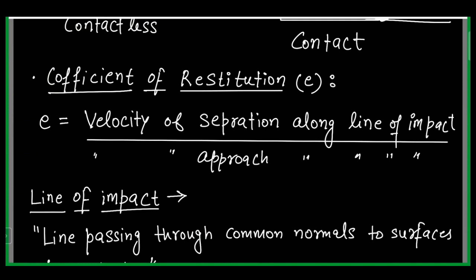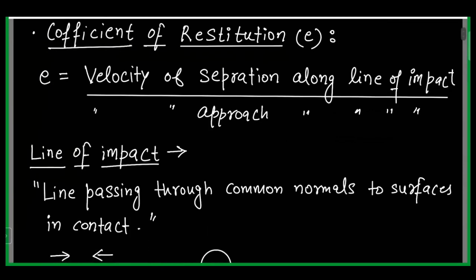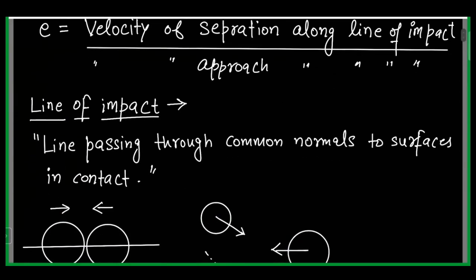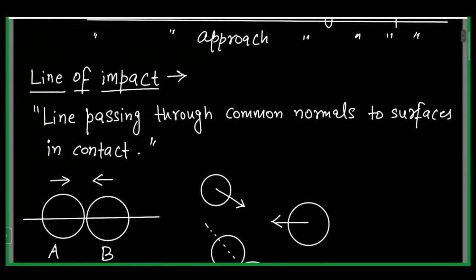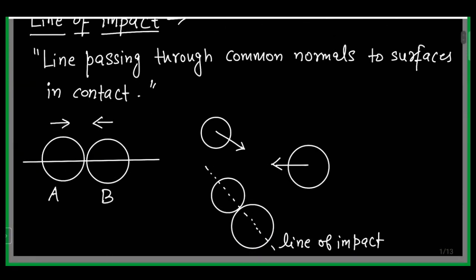In order to understand the real definition of coefficient of restitution, we have to understand the line of impact. What is the line of impact? So the line of impact is a line passing through the common normal to the surfaces in contact. So for example, let me just give you examples directly so that you can understand this English which I have written here.